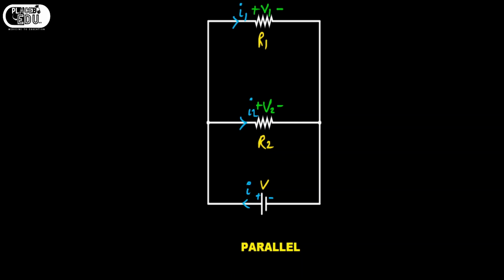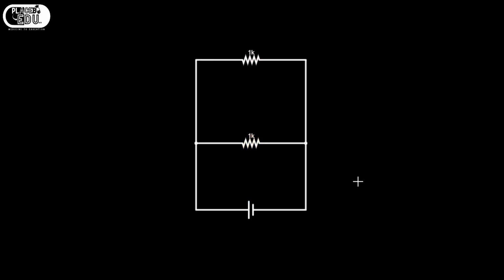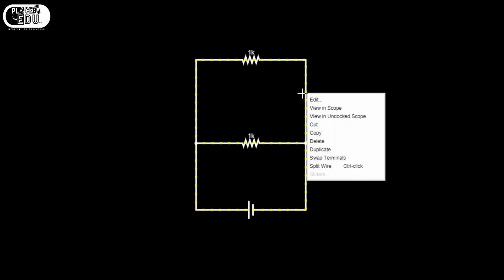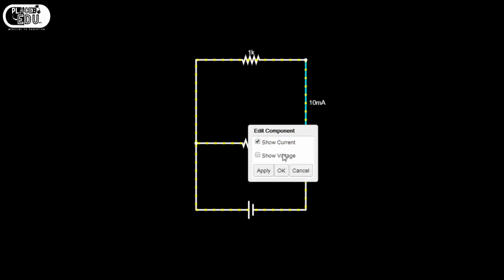So see here, this is the circuit which we are going to simulate. This is 1 kilo ohm resistance, this is 1 kilo ohm resistance, and this is a 10 volts voltage source. Now if I start the simulation, you can see the yellow dots flowing in the circuit, that is current. If you want to know what the current is here, I'm going to show you.